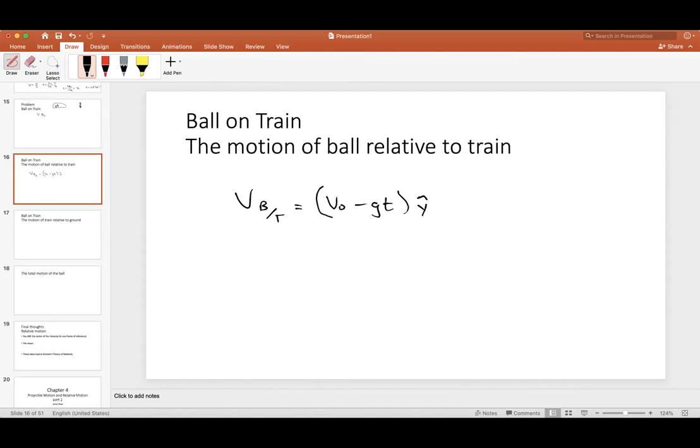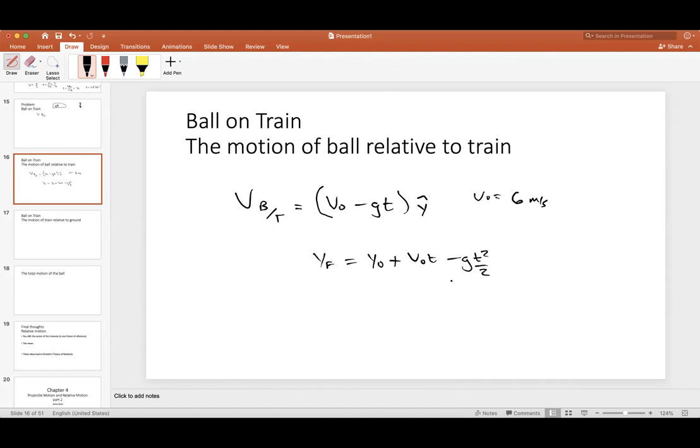Okay? And so from this, let's say we launched it with 6 meters per second as our initial velocity. At any time later, we could figure out how fast it was going. Obviously, we could also use the y equation that we already know, plus v naught t minus g t squared over 2.